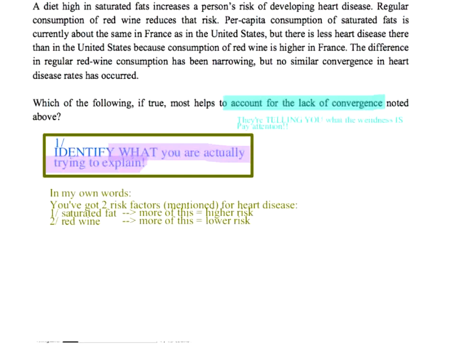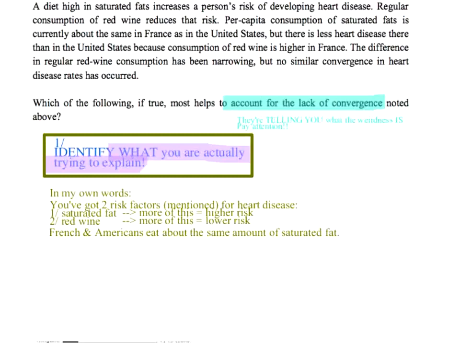Then it says that the saturated fat factor is about the same in France and the US. So the French and the Americans eat about the same amount of saturated fat. So what should you get out of that? You should get out of that that the saturated fat thing is a non-issue, because it's the same between the two countries.